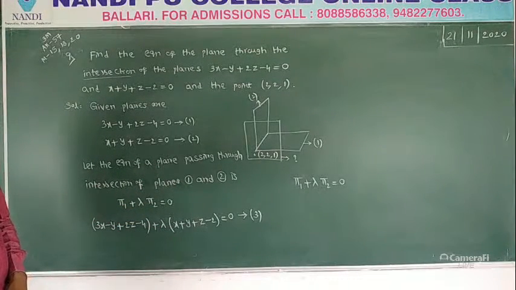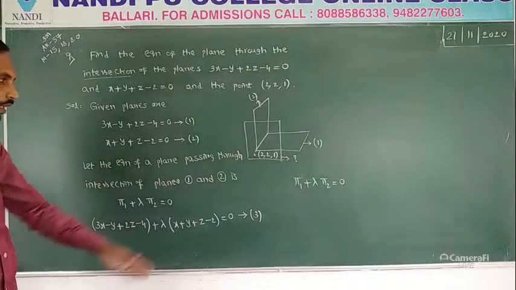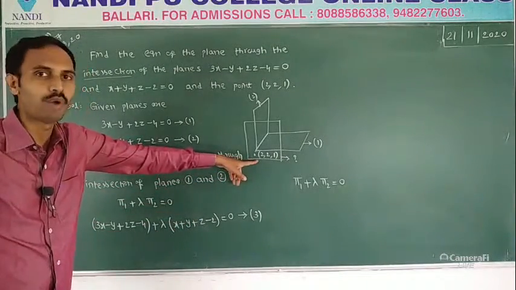To get lambda, the parameter, scalar, constant, they give something. This plane is passing through (2, 2, 1).